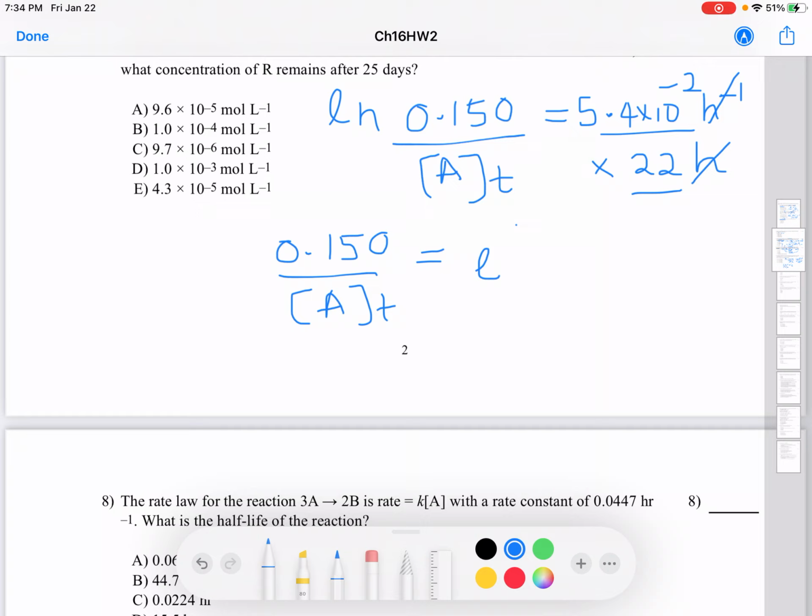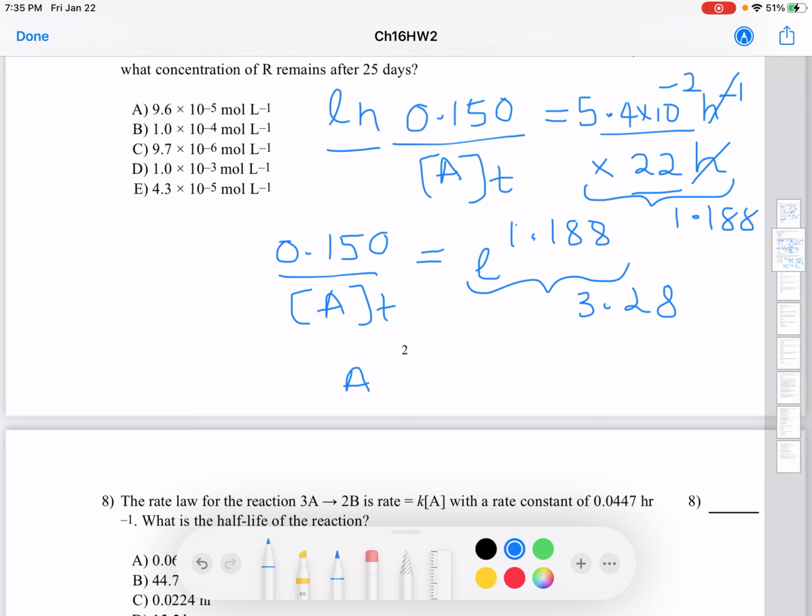1.188, yeah, 1.188, when you multiply these two, and I take the anti-log so that I can get rid of ln from here. So exponent 1.188, anti-log of that is 3.28.